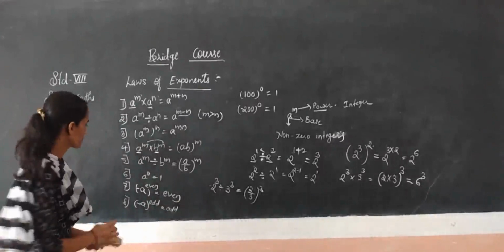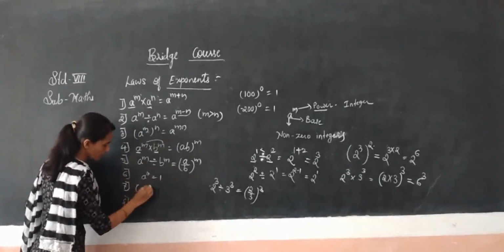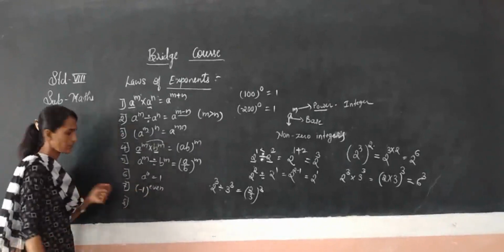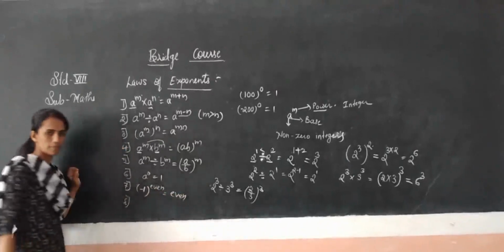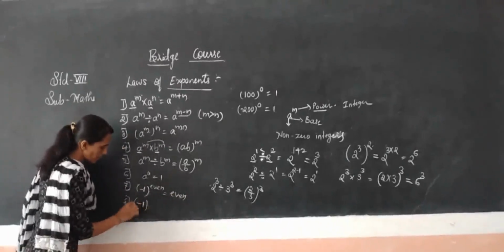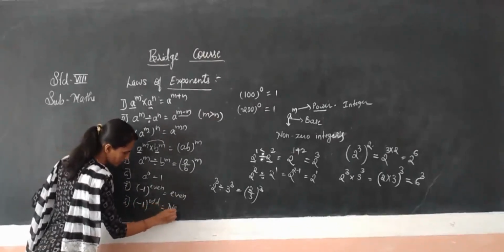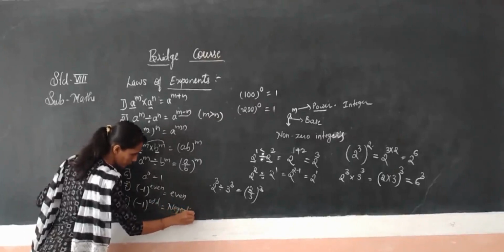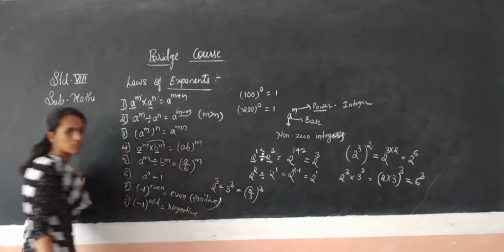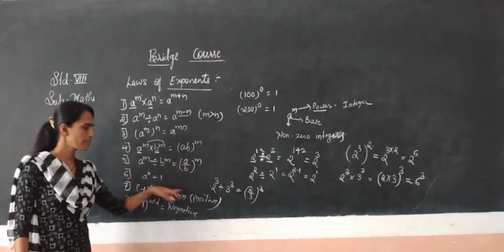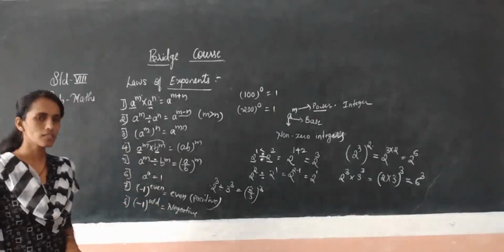Otherwise, take minus 1 to the power even: if minus 1 has an even power, it gives us a positive value. If minus 1 is to the power odd, the value becomes negative. So minus 1 to the power even gives a positive value, and minus 1 to the power odd gives a negative value.